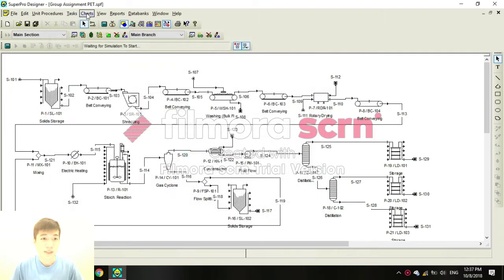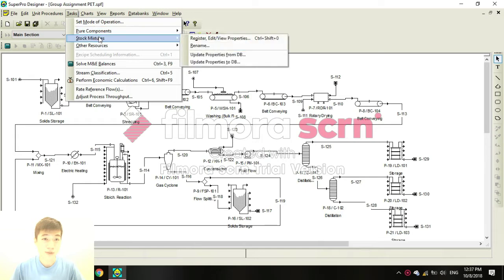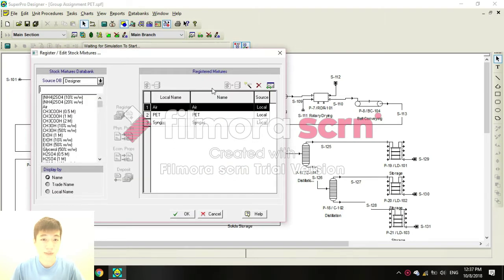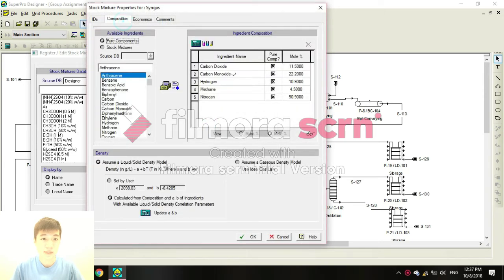For the syngas, we need to go to stock mixture and register a new mixture, which is the syngas. Under syngas, we need to include 11.5 mole percent of carbon dioxide, 22.2 mole percent of carbon monoxide, 10.9 mole percent of hydrogen, 4.5 mole percent of methane, as well as 50.9 mole percent of nitrogen.